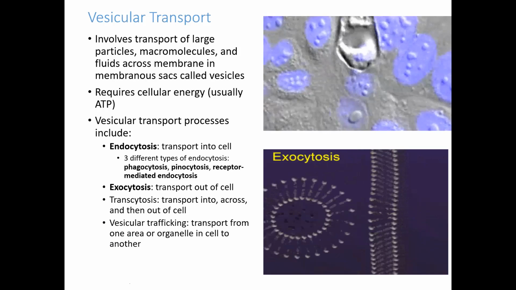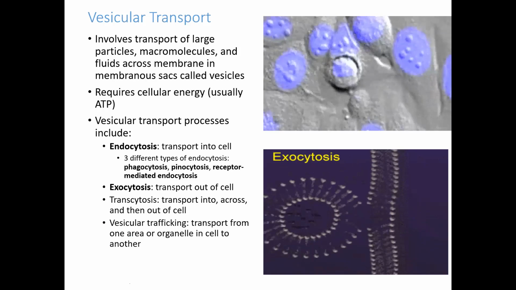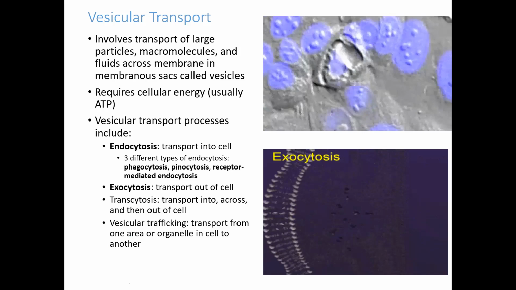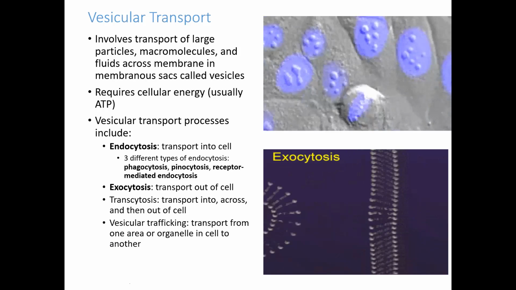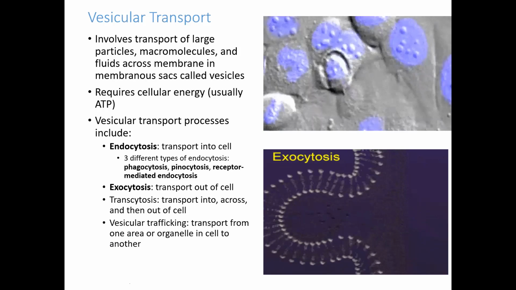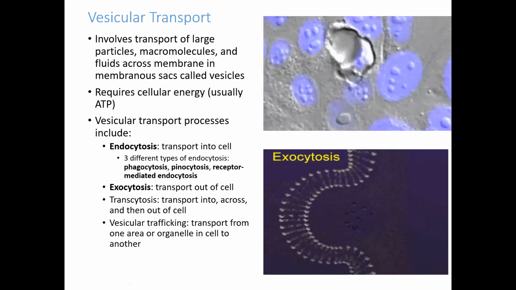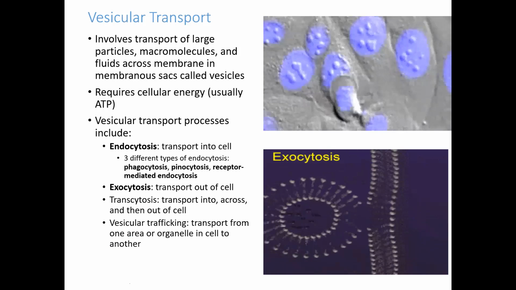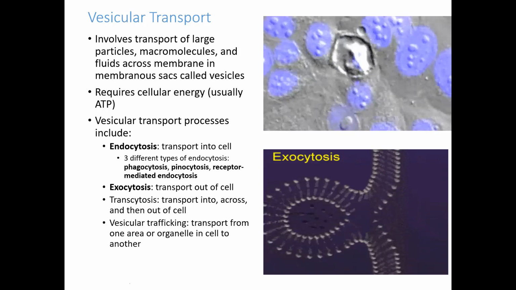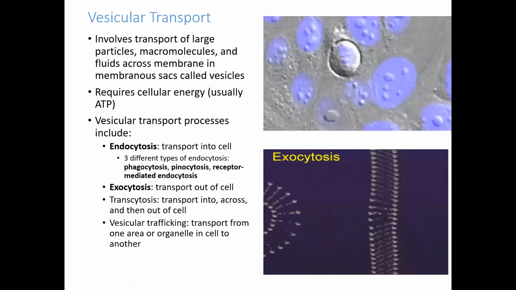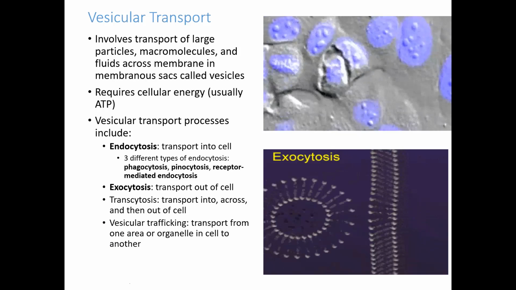That's what you're seeing in the top video, a white cell engulfing bacteria, and it forms a bubble, a vesicle around the bacteria and brings it inside the cell. And once it's inside the cell, we can destroy the bacteria. So the top video is an example of vesicular transport, engulfing something, bringing it into the cell.